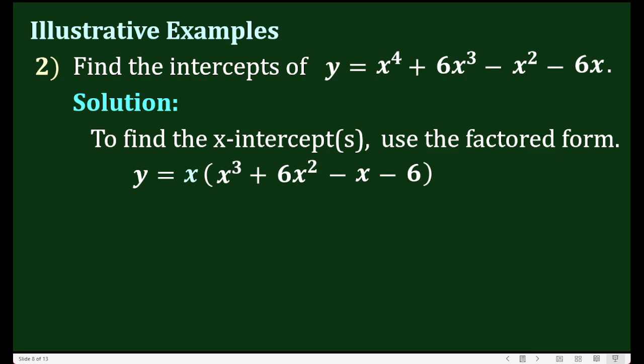So the one that is to be factored here is the expression inside the parentheses.